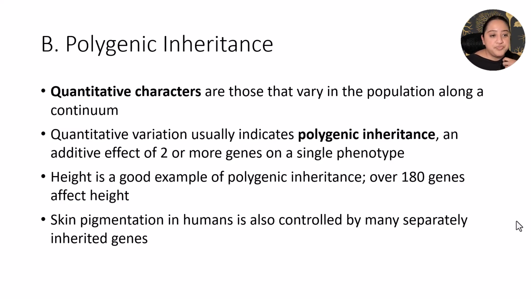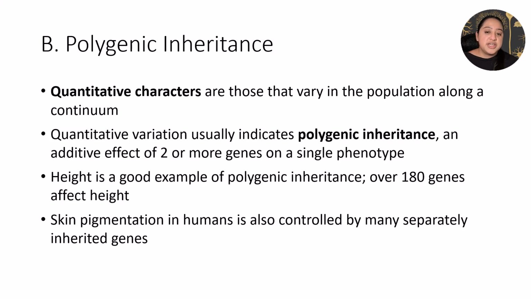And so quantitative variation usually indicates polygenic inheritance, meaning there are more genes involved. Poly means many as a prefix, so there are many genes influencing this one thing, like height.